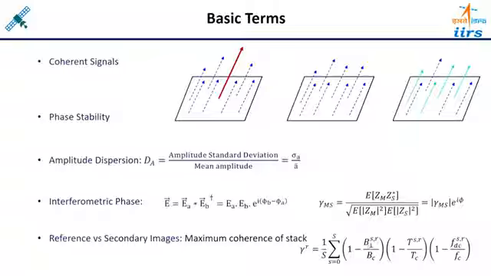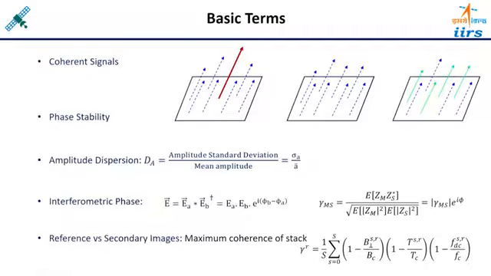The numerator is the actual baseline, which is much smaller than the critical baseline. So if you are calculating this, you should know the perpendicular baseline of that particular satellite and that particular pair. The critical baseline is fixed for a satellite.